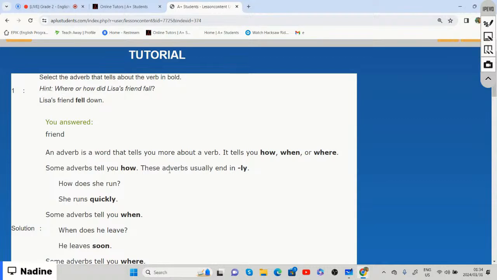If we look at the activity, it says select the adverb that tells about the verb in bold.